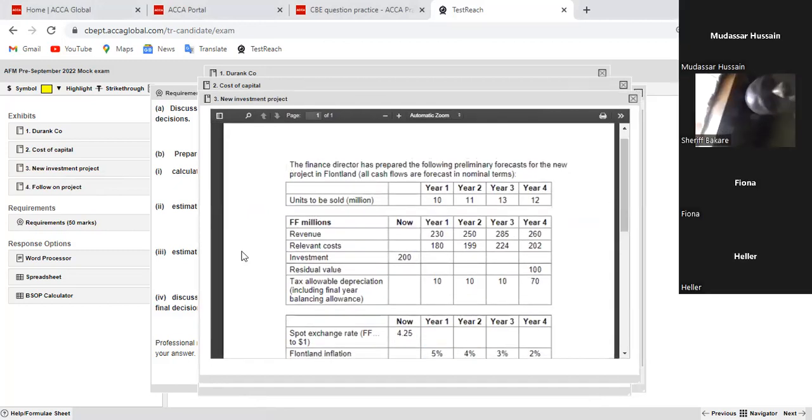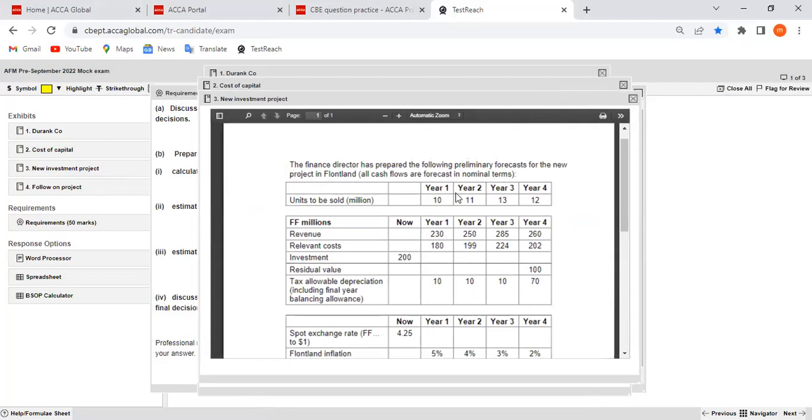The finance director has prepared the following forecast for the new project in F. All cash flows are forecast in nominal terms. Nominal terms mean these cash flows have already incorporated the impact of inflation.